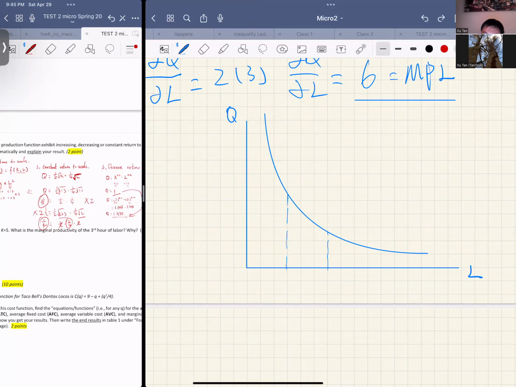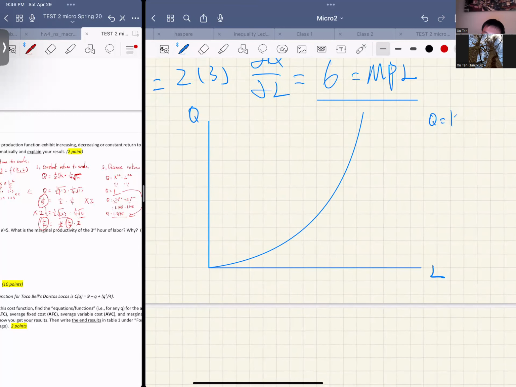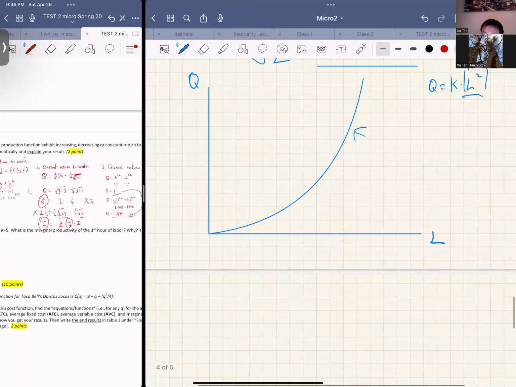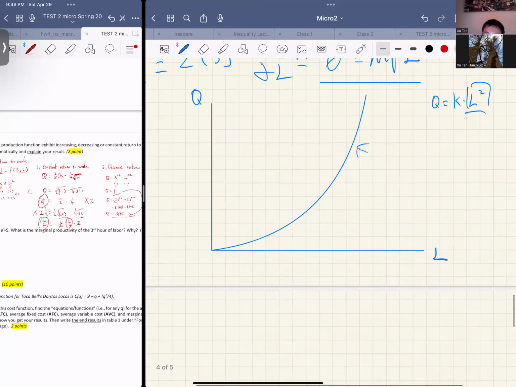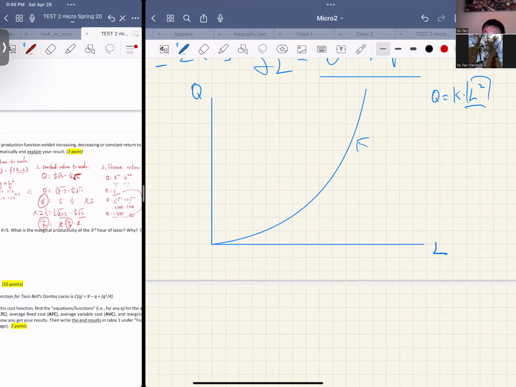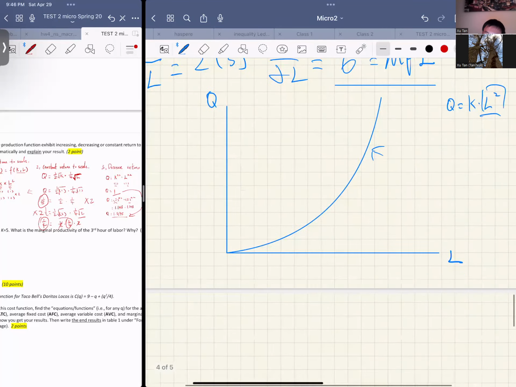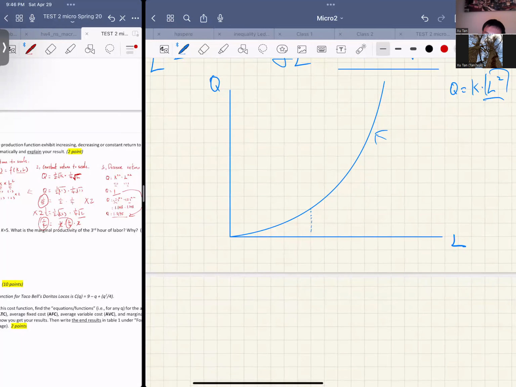Actually it looks like this. Let me draw it a little more dramatic because Q equals K times L squared, right? So L squared must be in here. If it's squared, it's an exponential-type function. So we're going to find the slope. So MPL is, let's say this is 3, and then this is 4.